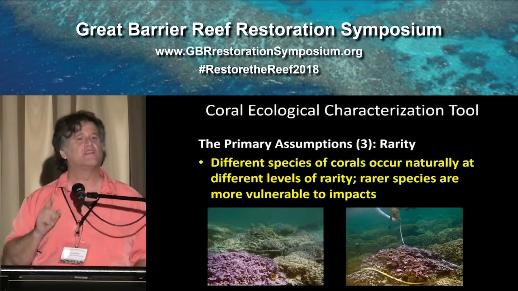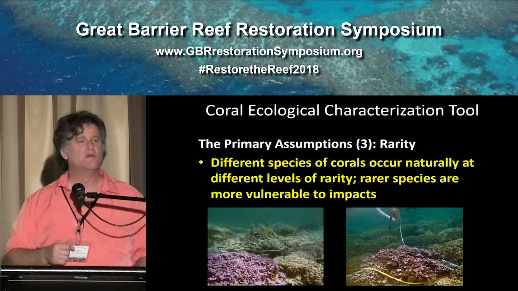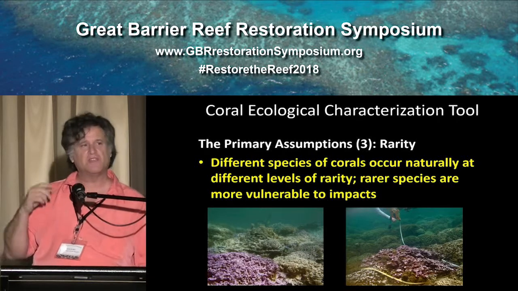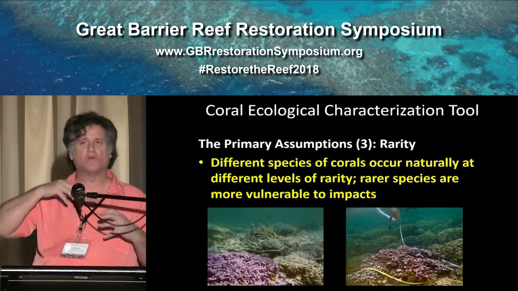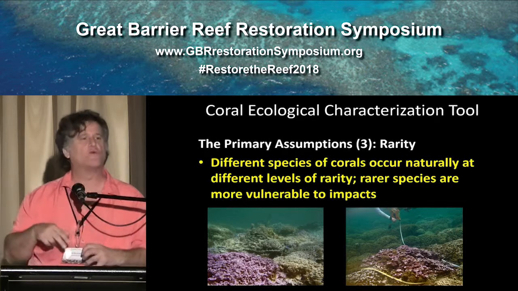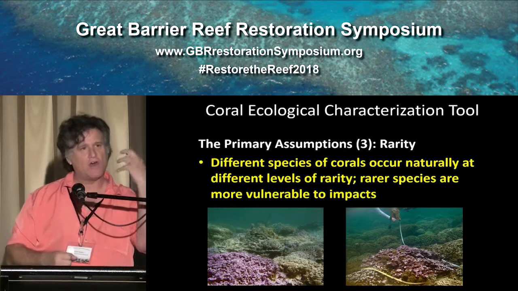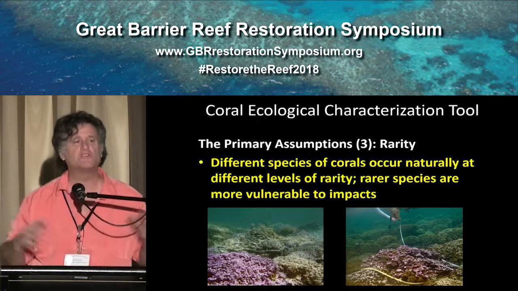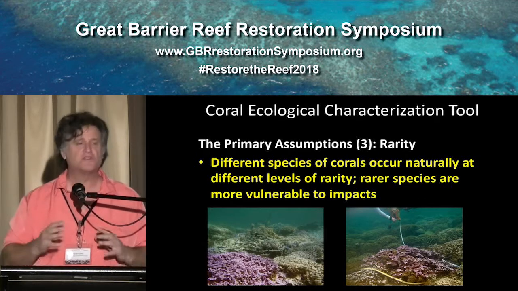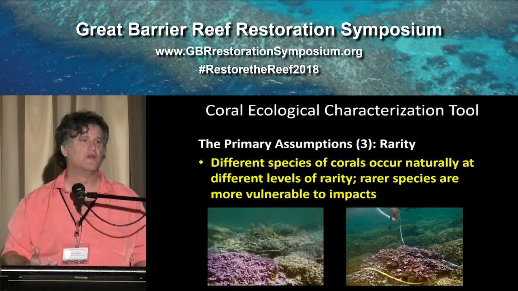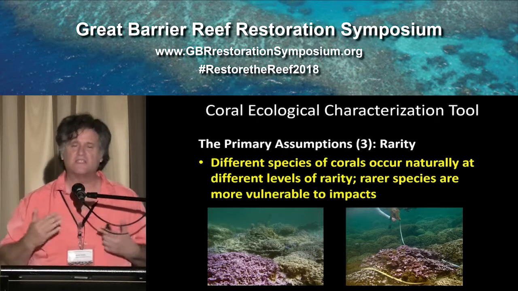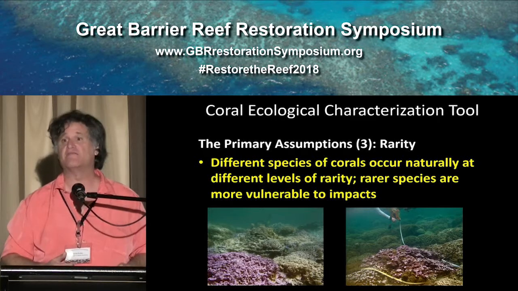But there's also an ecological perspective to rarity, because when you have something that's rare on a coral reef, there tend to be a variety of organisms that are uniquely associated with those rare organisms. And so the loss of that rare organism can have a much larger effect than a similar size loss of a common organism, ecologically. And so rarity itself involves a value.